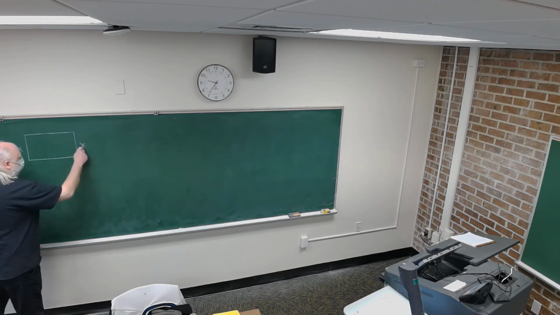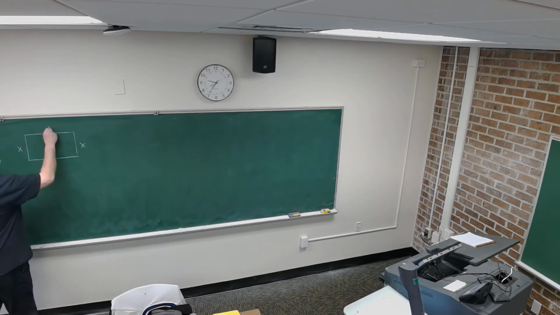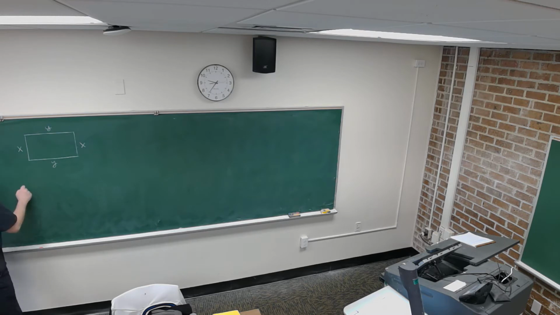We'll let X be the width of the land area, okay, the rectangular area, and we'll let Y be the length. So X is equal to width, and Y is equal to the length of the rectangular area.